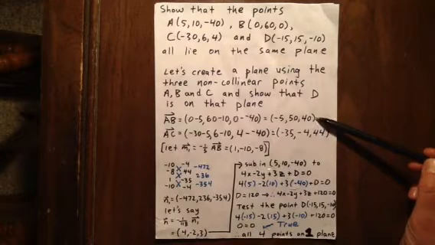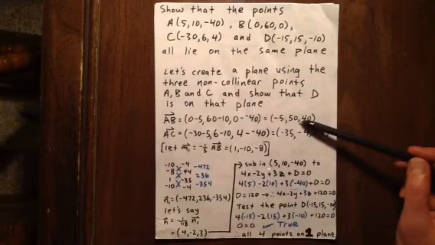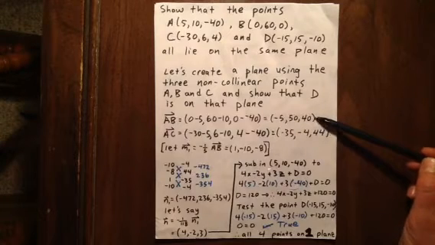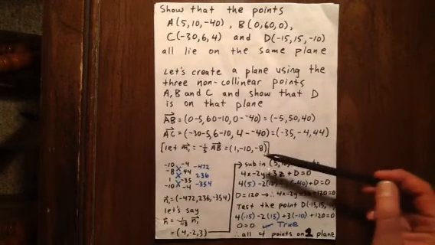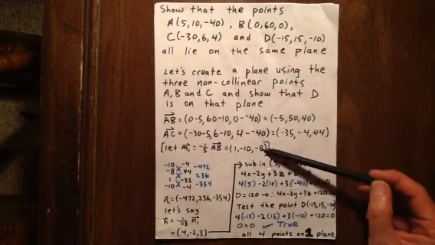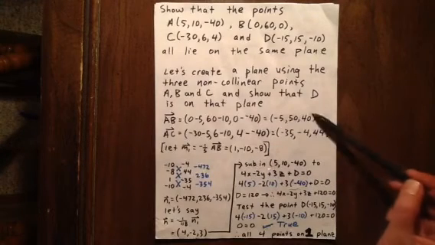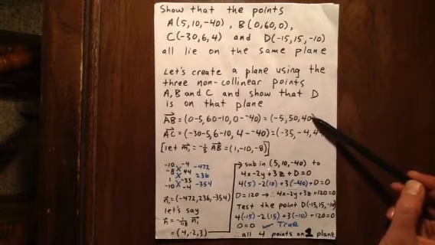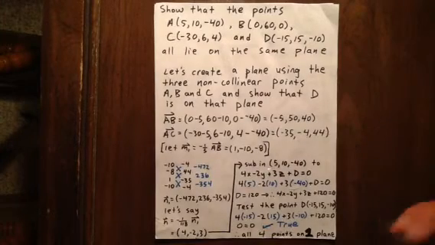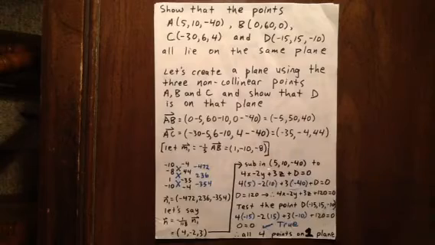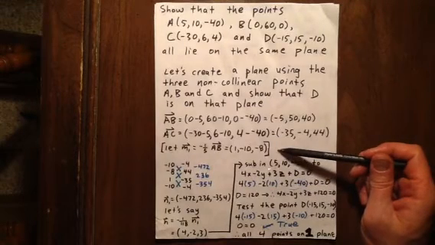Now what we're going to do is, instead of negative 5, 50, 40, we're going to use 1, negative 10, negative 8. We're going to multiply this through by negative 1/5, and we can do that because we're looking for a normal vector, and by doing this approach we're going to keep our numbers a little bit simpler, and we're going to just reduce the values in the normal vector that we get.